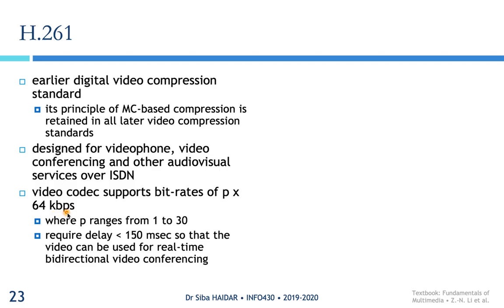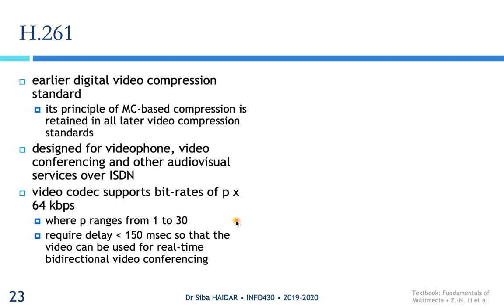Why do we have this constraint? Because this is video conferencing. The other person that is talking to you must be able to hear you and see you in real time. To be able to do this, the coding, the compression, and the decompression, the encoding and the decoding, must be in real time.